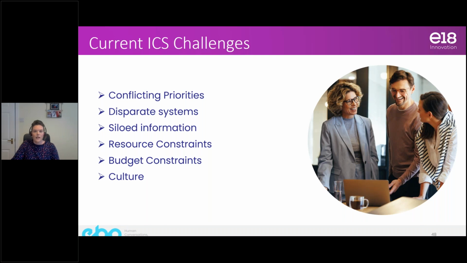The ICS has different types of organisations caring for patients, and all of these have a variety of different systems that they use that simply just don't talk to each other. And this is really frustrating for patients because they then have to repeat information in all of the different organisations to the different healthcare workers caring for them at an already difficult time for the patient, providing them with a really poor patient experience.